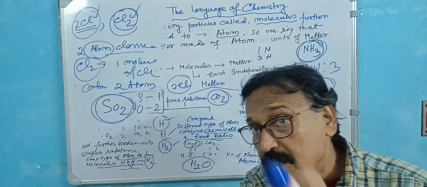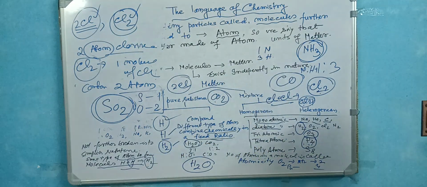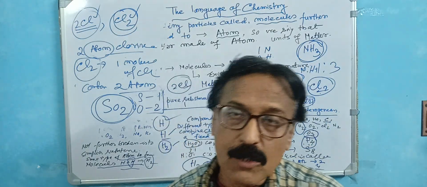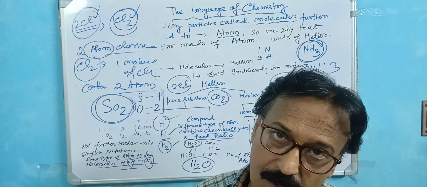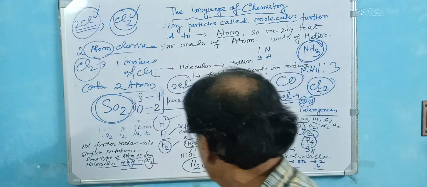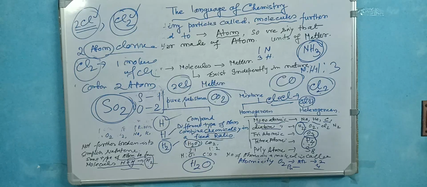So what is the atomicity of the phosphorus molecule? 4. Polyatomic is 8. That means one sulfur molecule actually contains 8 atoms of sulfur. Is it clear? This is called polyatomic. Atomicity is clear? Okay.